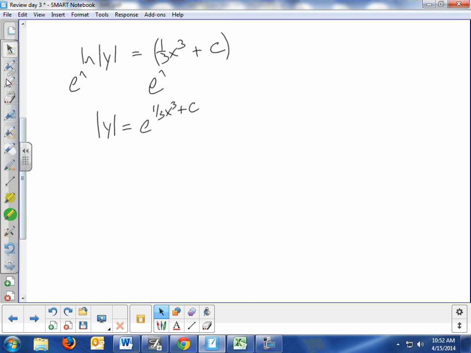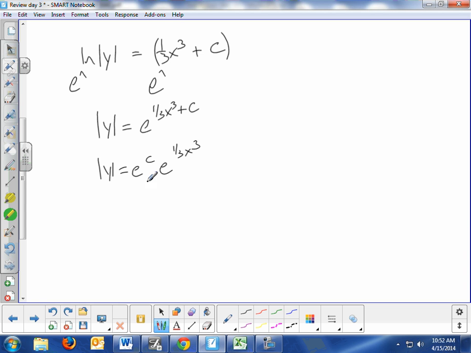So you can bring that e to the c down, and say it's a product of e to the c times e to the 1/3 x cubed. But e to the c is just a positive number. It'll always be positive. We can assign it some value, positive or negative, by getting rid of this absolute and just saying this is some other constant that now is positive or negative. And this is what would be your solution.